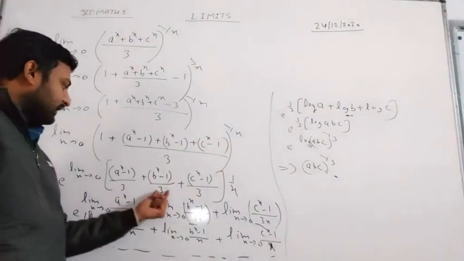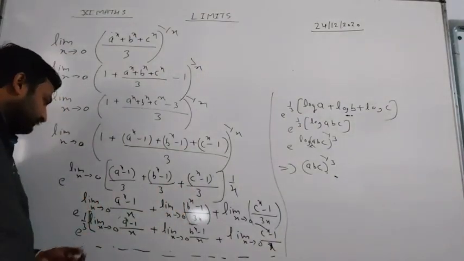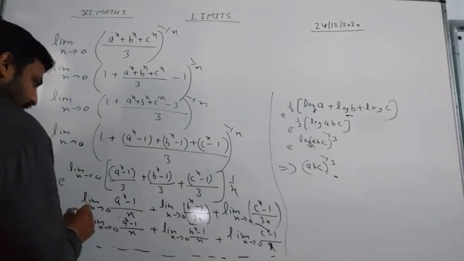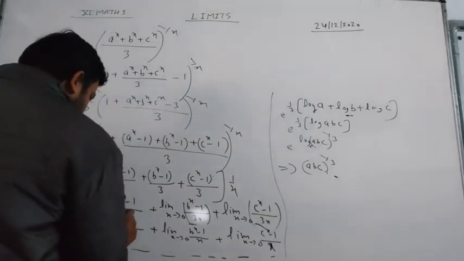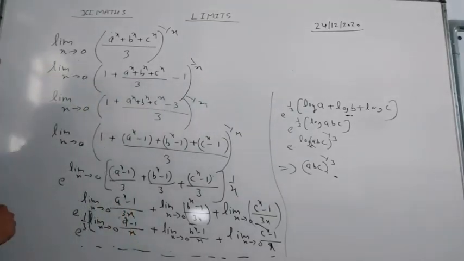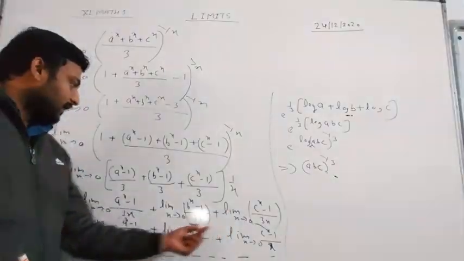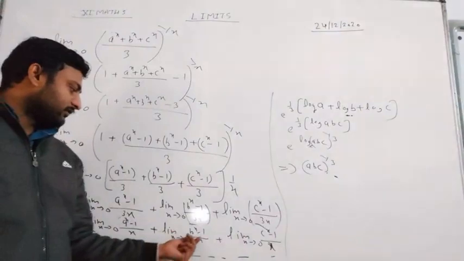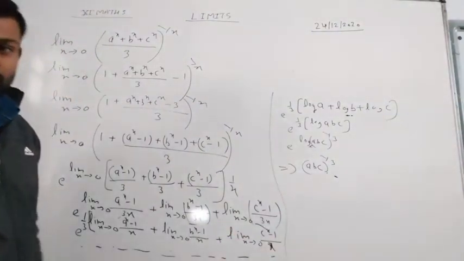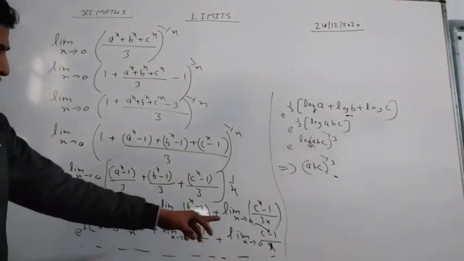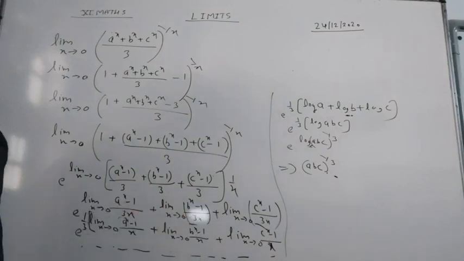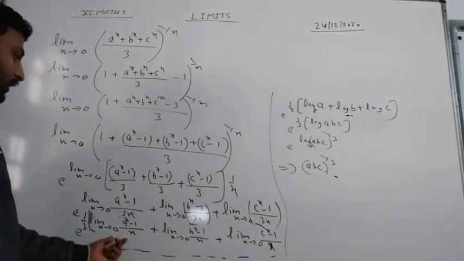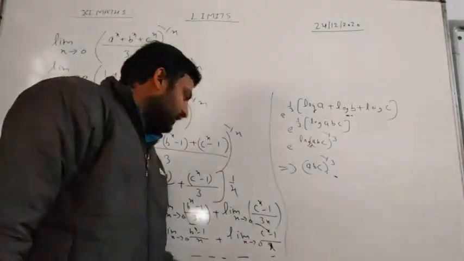We are taking this 3 outside. Here is 3 also. Now taking this 3 outside, limit x tends to 0 this part, limit x tends to 0 this part, limit x tends to 0 c to the power x minus 1 by x. Now student, we are seeing this is log a, this is log b, this is log c.